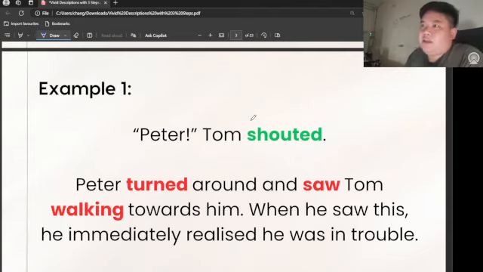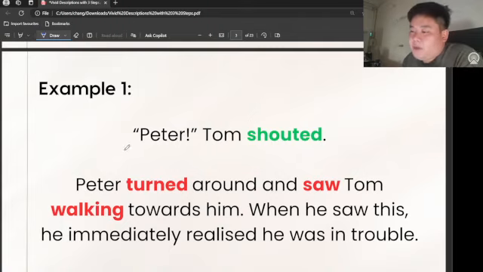So let's say you are describing a scene whereby the protagonist's friend or acquaintance is being accosted by another person, or to put it in simpler terms, another person is angry at this other person, and they are heading towards that other person in a very angry sort of manner.